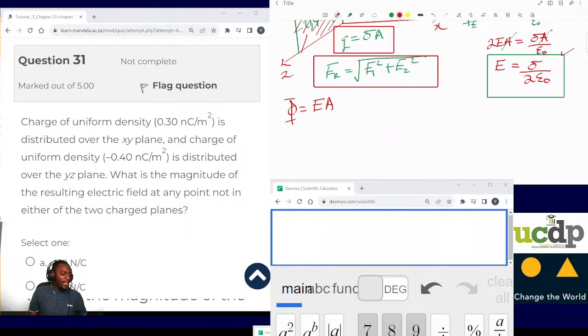But now we have a plane. A rectangular plane, right? And in this rectangular plane, we're going to put a cylindrical Gaussian surface, right? And this cylindrical Gaussian surface is entering inside the plane, so which means we have a contribution from this side and a contribution from the other side.